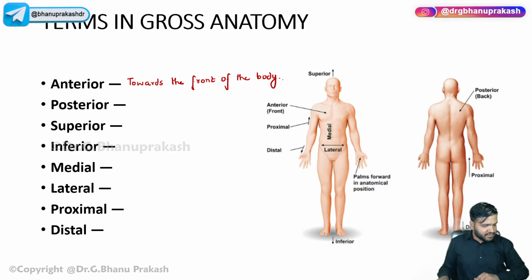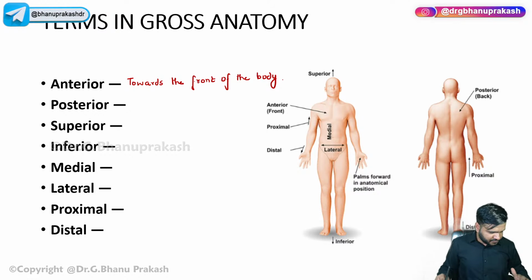Now, I want to ask everyone over here in the chat box. Aman, you are right. Towards the front of the body. Can anyone tell me the sense organs lying on the anterior part of the body?